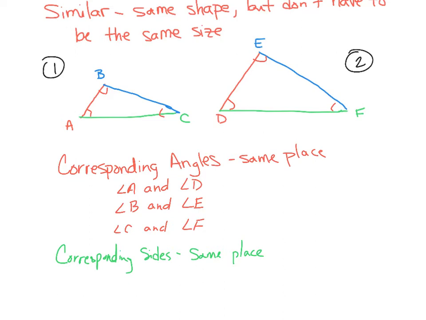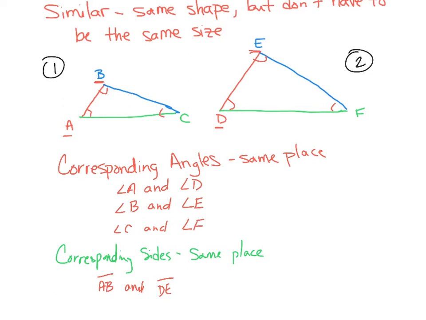So if we look at triangle 1, the red line, we label line AB, and that little line over is a line segment. And then we do the red line off of triangle 2, line DE. And notice how I started with A and ended with B, so I have to go in the same order with triangle 2. I have to start with the lower and end with the higher, okay?